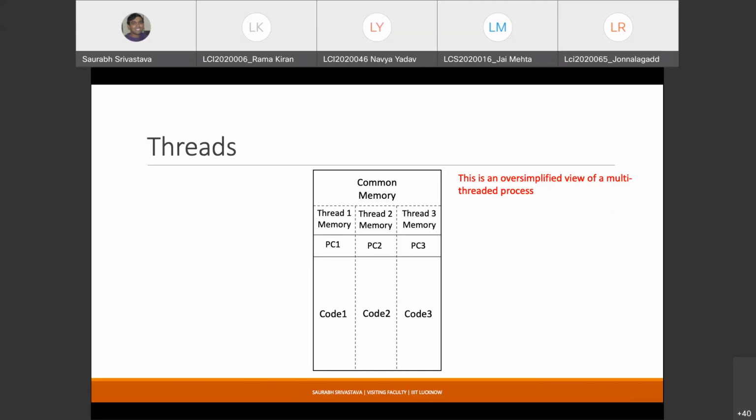Is this part clear? If this part is clear, you now have the idea of why we need multi-threading. Why did we need multitasking? So that we can run multiple applications simultaneously. And why do we need multi-threading? So that the same application can do multiple jobs at the same time. Is this part clear now?